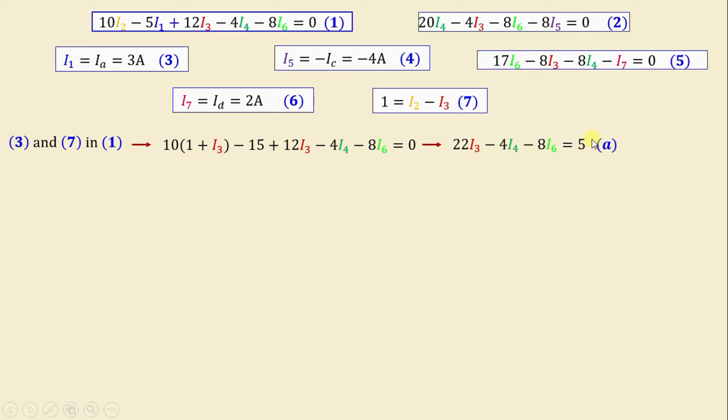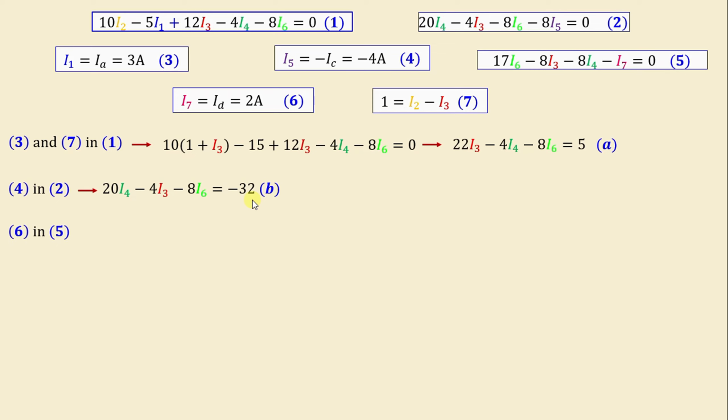I will call this equation A. By substituting equation 4 in 2, we obtain 20I4 minus 4I3 minus 8I6 is equal to negative 32. And I will call this equation B.